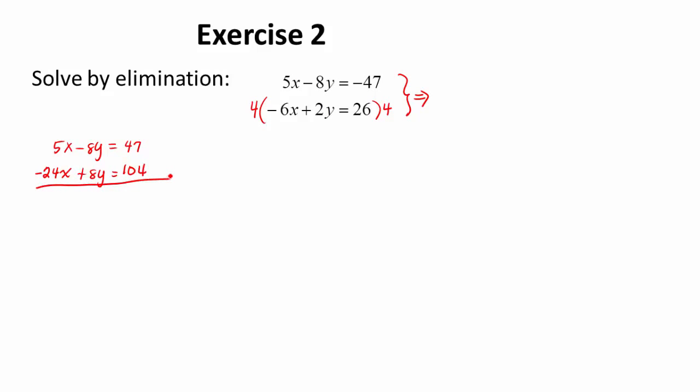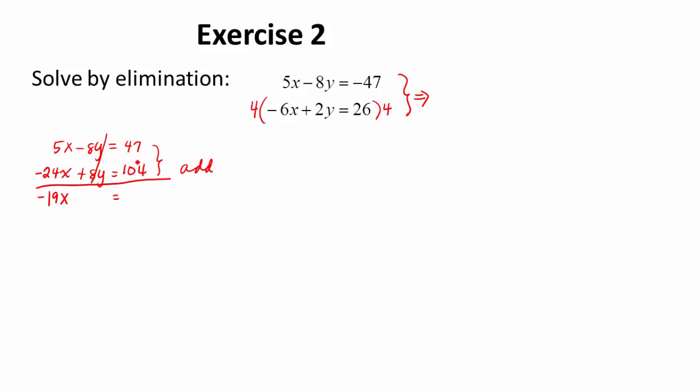Alright, now what happens next? Well, we add these two together. When we add, you're going to get 5 minus 24, that's negative 19x. And see how the y cancels out. So that's the idea. We were able to eliminate the variable y.